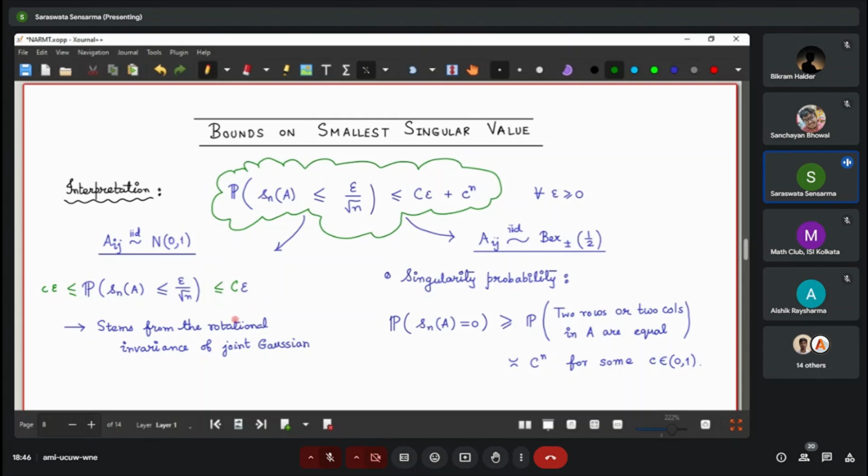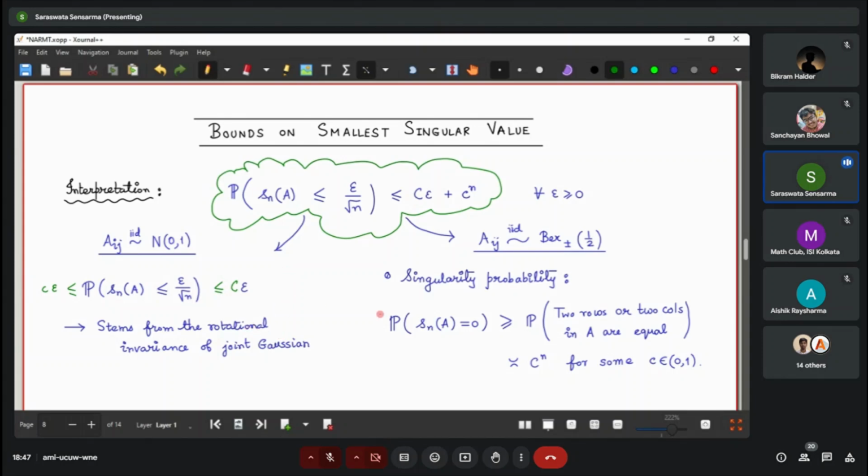So the probability that the singular value is smaller than epsilon over root n goes exactly like epsilon. That is why we need this linear term in there, not like the previous time. We cannot just throw in an exponential term and be happy with it.